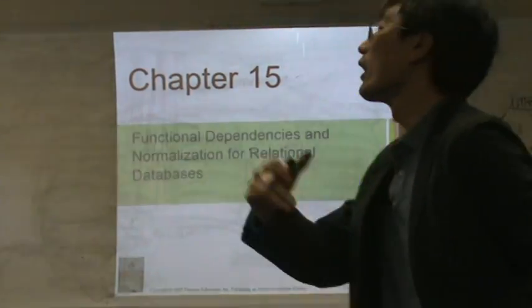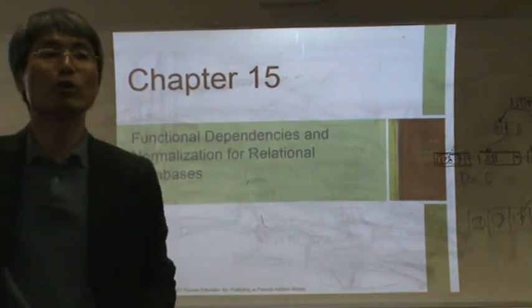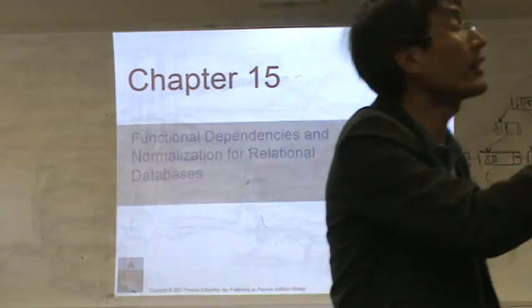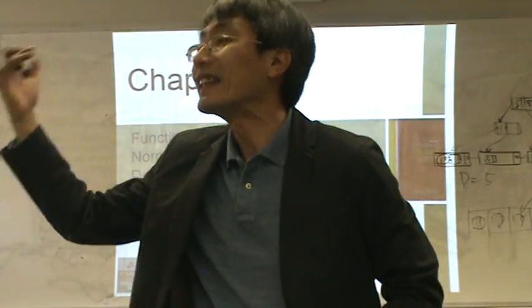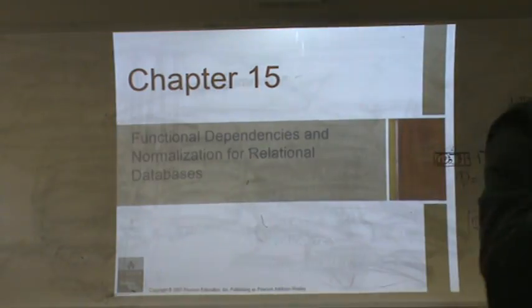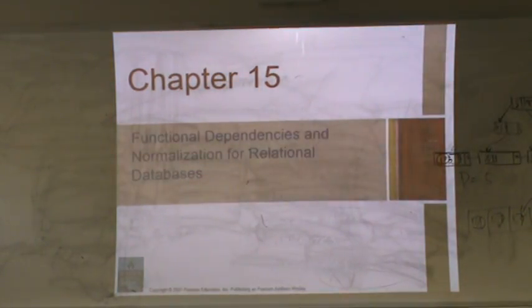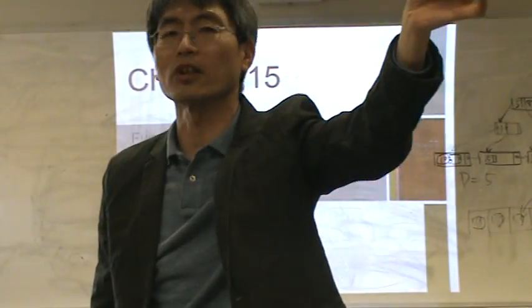Then we learned about what? Relational model. So using the ER model, the ER diagram, we can convert, map into the relational model by following the rules that we have learned in the relational model, like the relation, primary key, foreign key, the constraint.